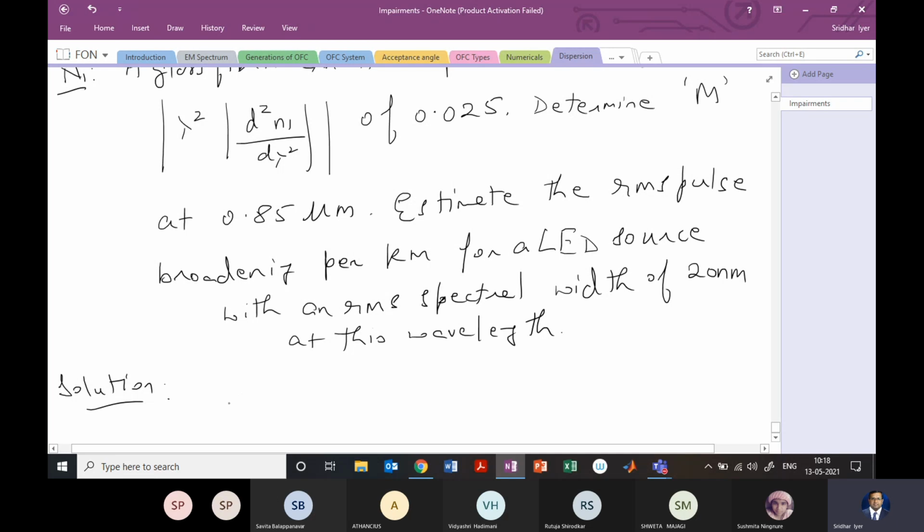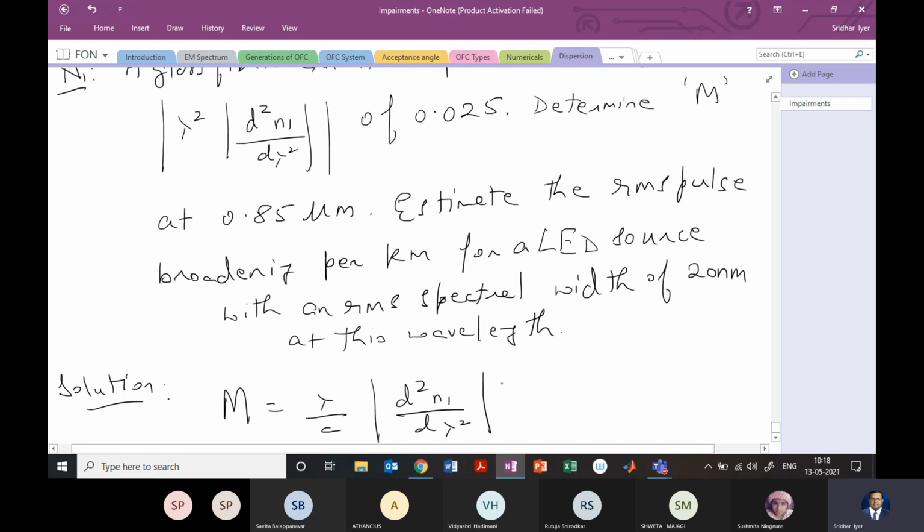So first we will rewrite the equation for the material dispersion M, which is lambda by C times d square n1 by d lambda square. Okay.